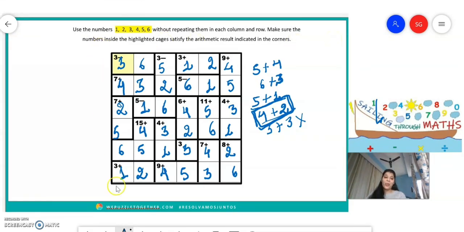So now see, we have figured out all the numbers of this Can puzzle, and you can also cross-check this puzzle by seeing each and every cage, that whether each and every arithmetic operation is satisfied or not, and you will find how beautifully each and every arithmetic expression inside each cage is satisfied.